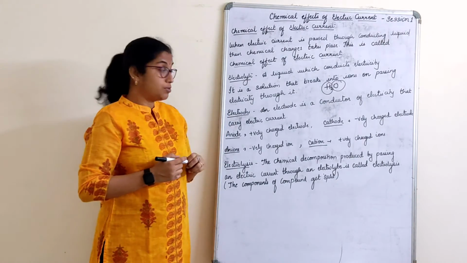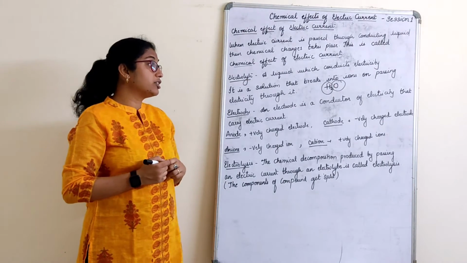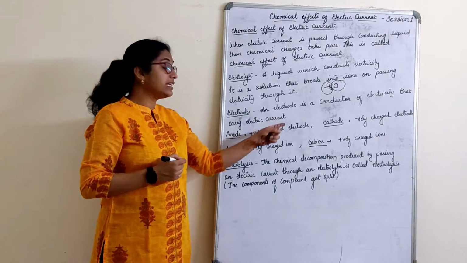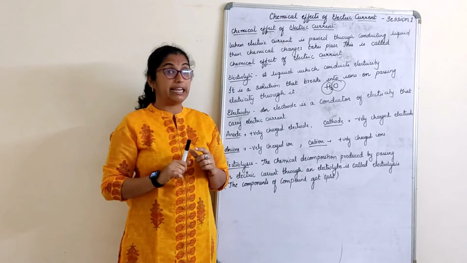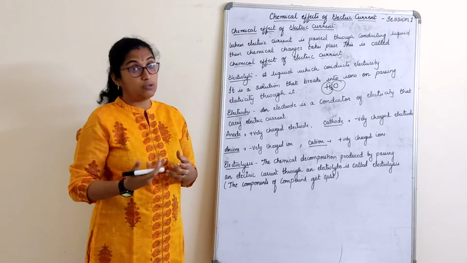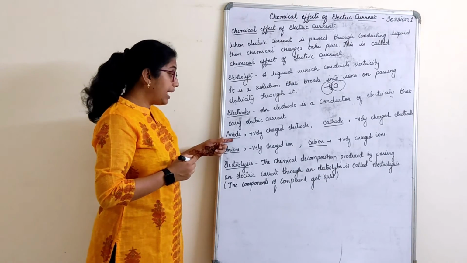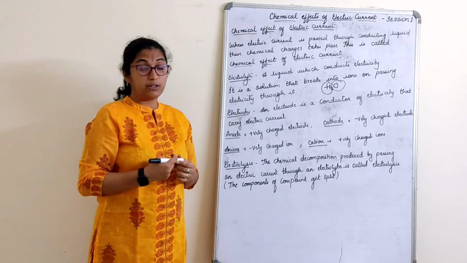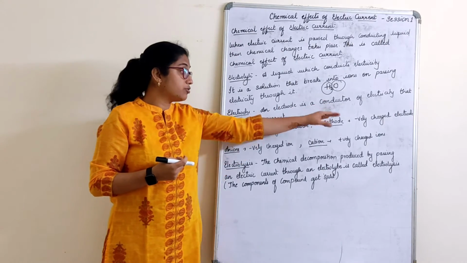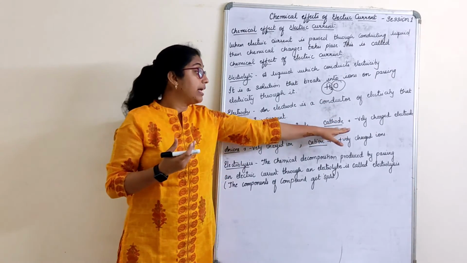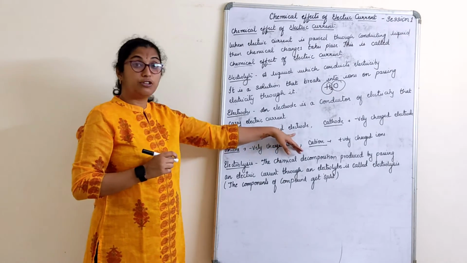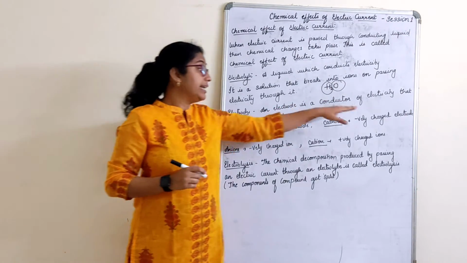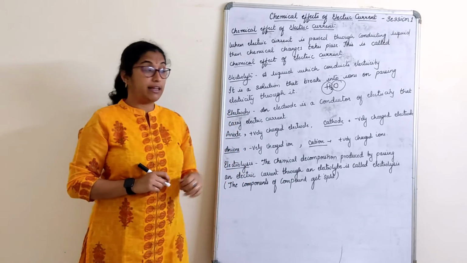What are electrodes? An electrode is a conductor of electricity that carries electric current. So we dip these electrodes into an electrolytic solution. Now, what two types of electrodes do we have? One is the anode, and another one is the cathode. A positively charged electrode is called an anode. A negatively charged electrode is called a cathode.